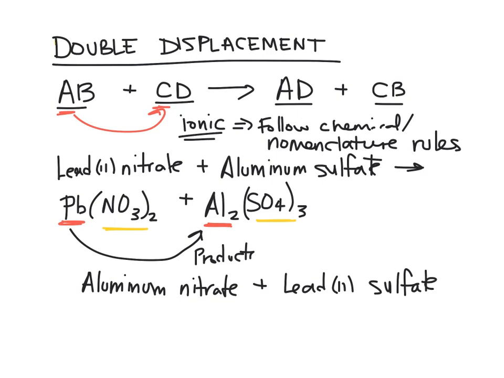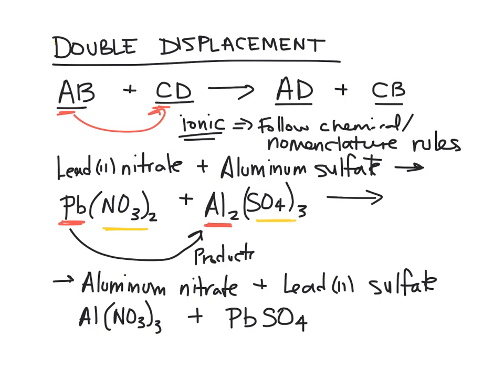Because lead and aluminum are switching places, the nitrates and the sulfates stay the same. So aluminum nitrate would be aluminum with a charge of +3, so you need 3 nitrates, so Al(NO3)3 plus lead 2 sulfate. Lead 2 has a charge of +2, sulfate has a charge of -2, so it's PbSO4. Okay, so your products would be this. Hopefully that makes sense, okay?